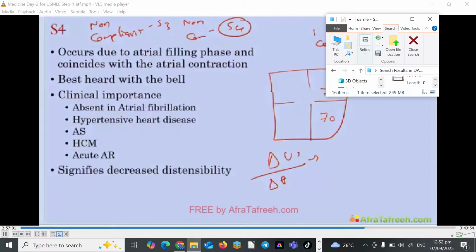Now it has 60 ml because of the regurgitation. And this atria will contract forcefully, force feeding the ventricle with the excess amount of blood. This force feeding of the ventricle will result in the S4. Are we clear about this?